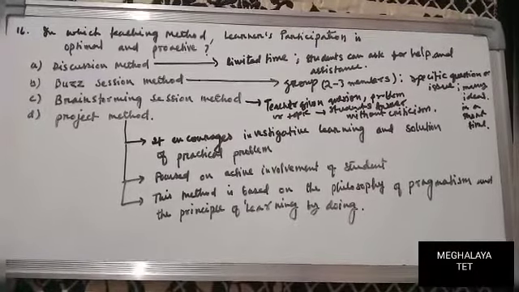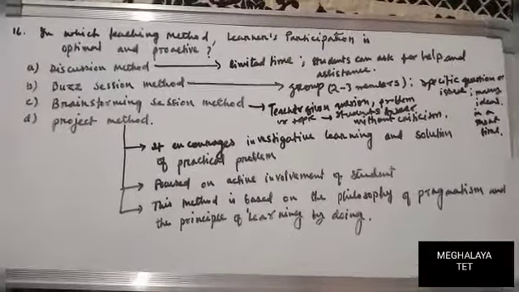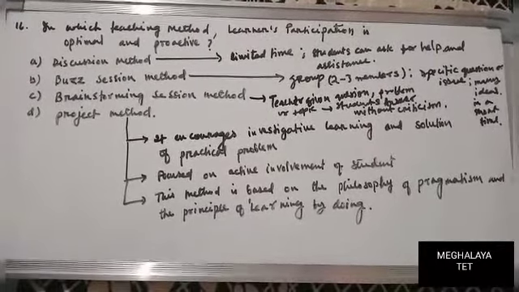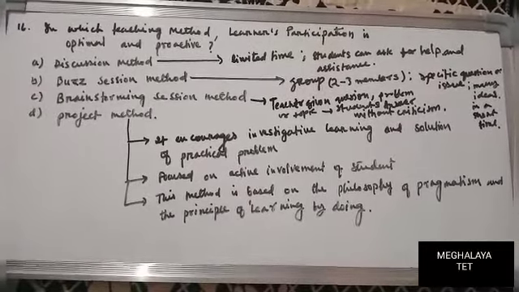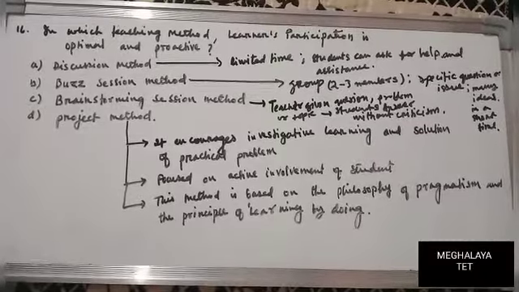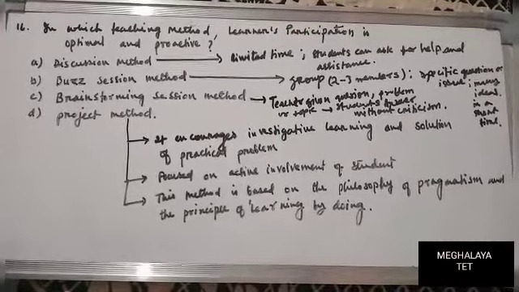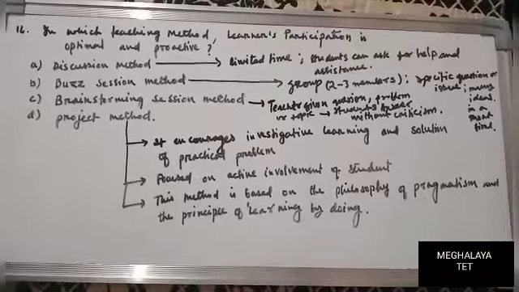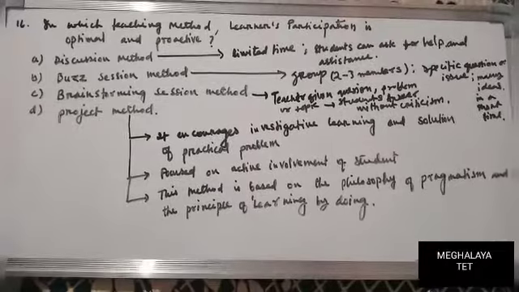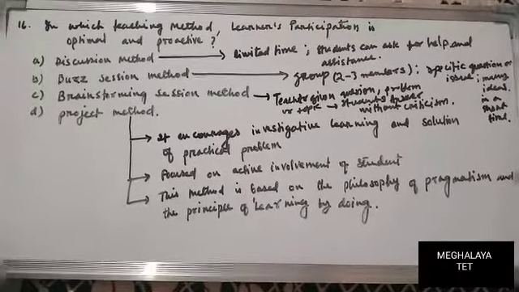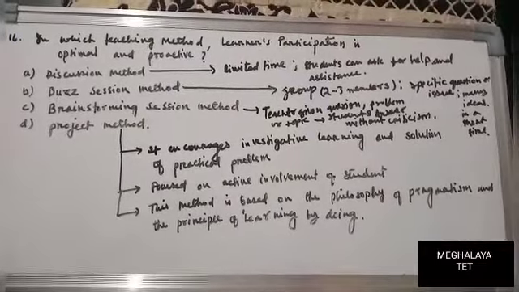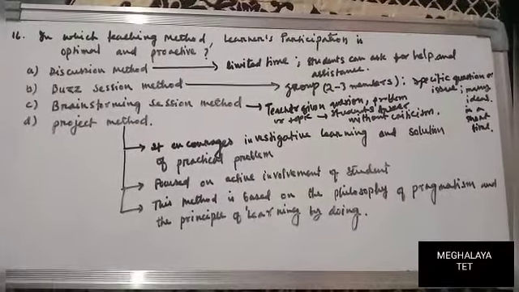What happens in the buzz session method? A buzz session is just like a small group of 2 or 3 members. They are provided with specific questions or issues, and they have to give many ideas or solutions to the question provided in a short time. In a short time they have to answer whatever specific questions or issues are provided by the teachers or the senior students.